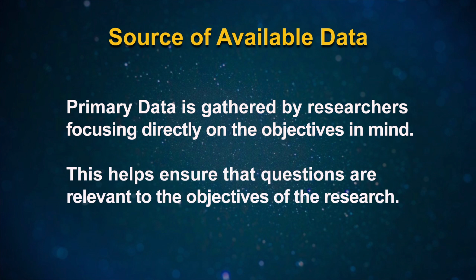This helps ensure that questions are relevant to the objectives of the research. However, it is possible that there may be bias in selecting some questions, whereas secondary data is only susceptible to bias introduced in the choice of data when it is used again.